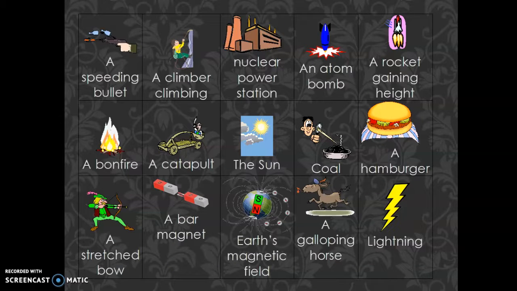So what I'd like you to have a go at now is you have got a sheet that has a blank table for you to fill out. On here we have got 15 different examples of objects. What I would like you to do is try and put these things into the different categories as examples of those 8 different energy stores.